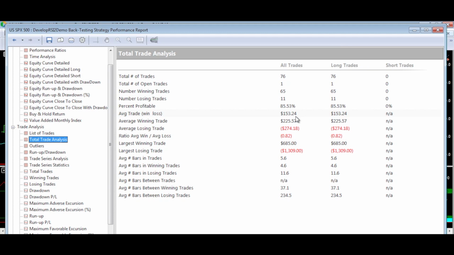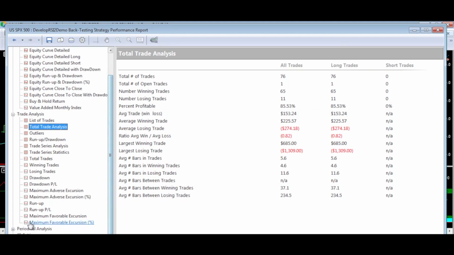Now on this particular CFD, I programmed the software to trade 10 units. Now 10 units is the equivalent of $10 per point of the S&P. So the average trade here of $153 is actually 15.3 points of the S&P CFD.